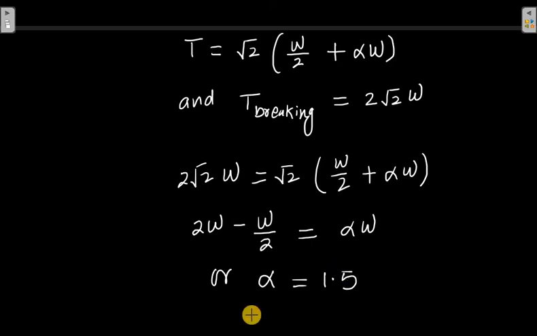Hence, up to alpha equal to 1.5, the rope will not break. The rope will break when alpha is greater than 1.5. It means the rope will break here. So, the last option is correct.